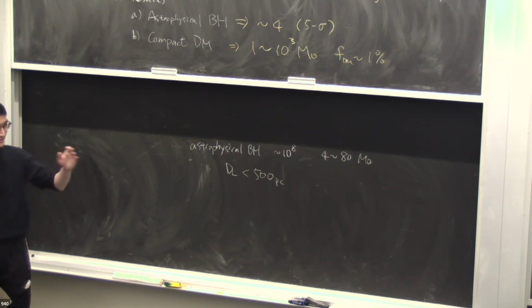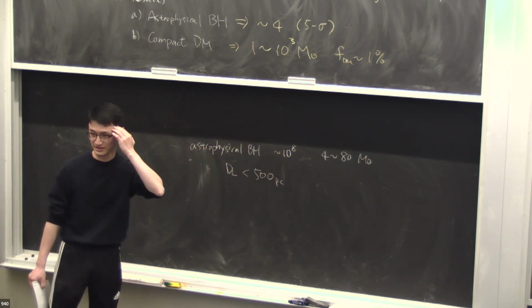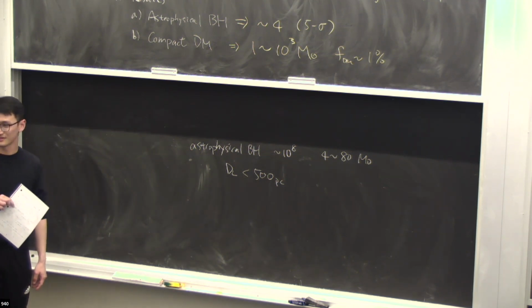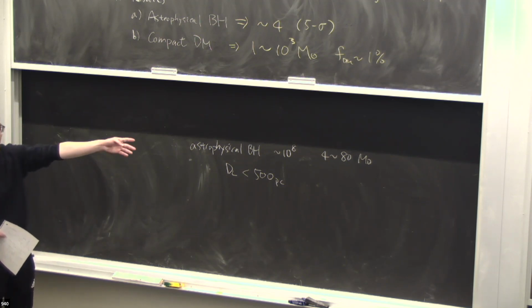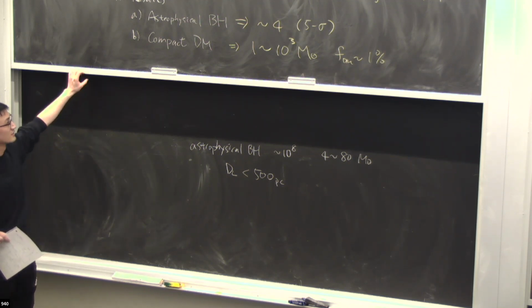Currently we're projecting for 5 years, and in the future they will have 10 years of data. So it's not really the square root of 2, because with a longer time you have a better measurement of the parallax, and that's an additional factor.